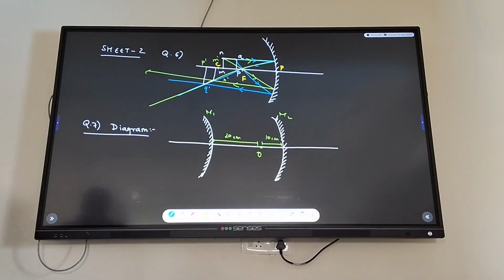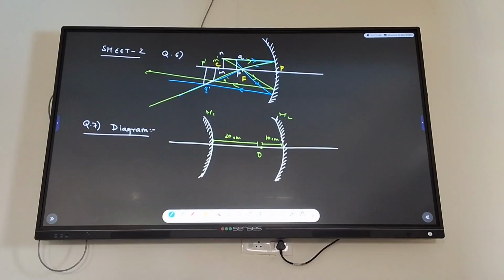Object height. Given these mirrors, find the second image. Is it visible to everyone?